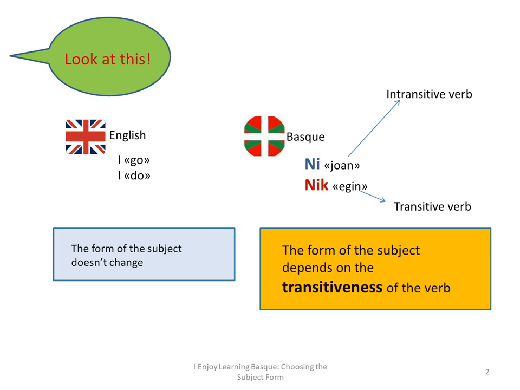If we use the verb egin, as it is transitive, we have to use the form NORK, nik. So it depends on the transitiveness of the verb whether we use NOR or NORK as the subject of the sentence.